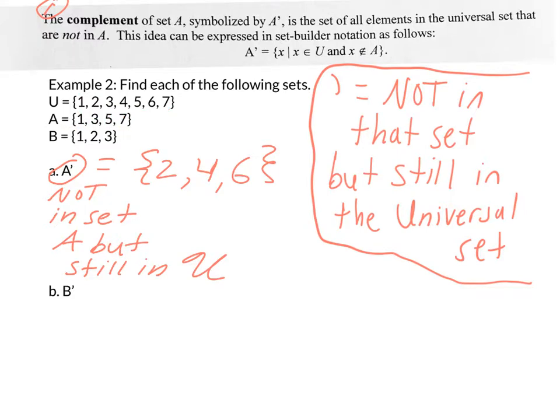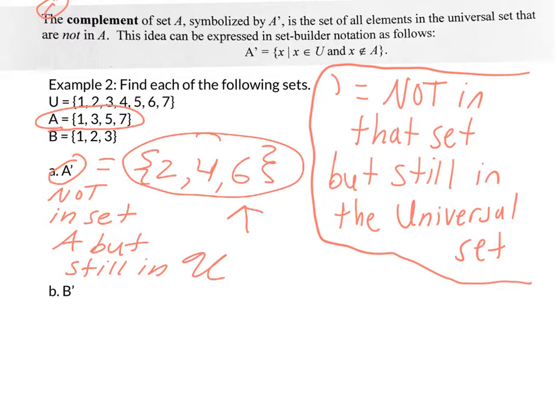And it doesn't hurt either to check your answer to make sure you didn't forget any of them. So if A was the set with 1, 3, 5, 7, the opposite of A would be 2, 4, 6. So you should never ever have an element that is both in A and its complement, because complement means opposite of. So they should have all the opposite elements in its complement. So the set with 2, 4, 6 would be the final answer.